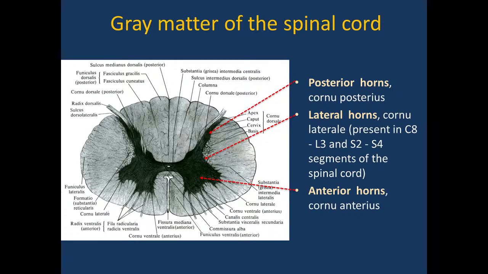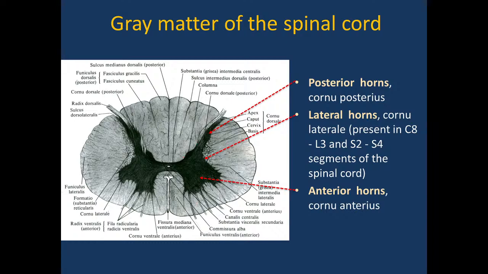The gray matter of the spinal cord is located in the central part of the cord and looks somewhat like a butterfly or an H-shaped form in cross section.